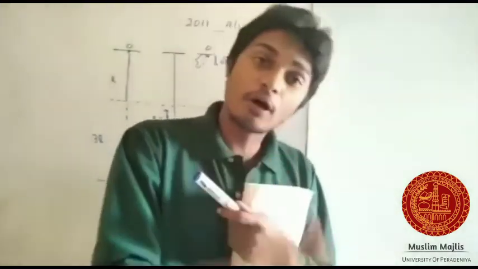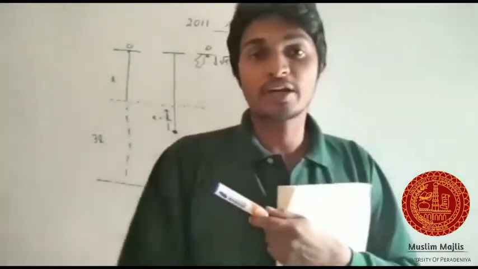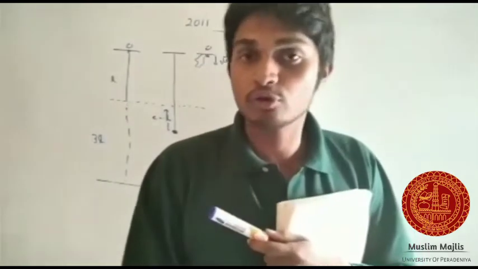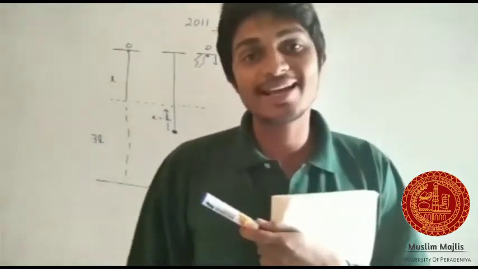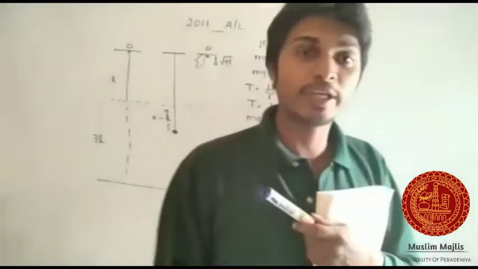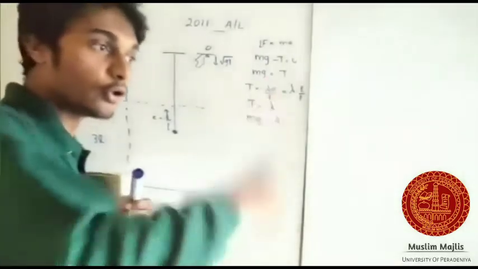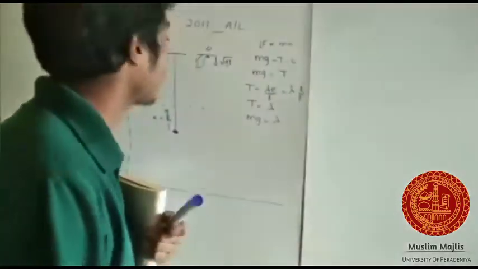If it is falling freely under gravity, we can apply the equations of motion: v squared equals u squared plus 2as, v equals u plus at, s equals ut plus half at squared, and s equals (u plus v) divided by 2 into t.